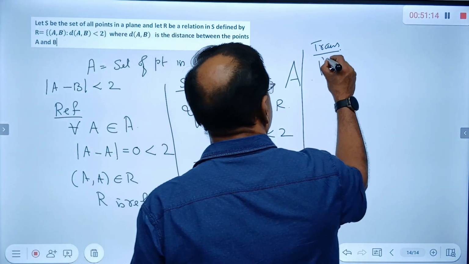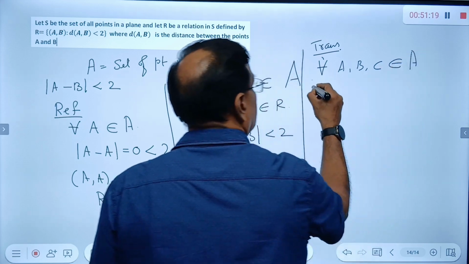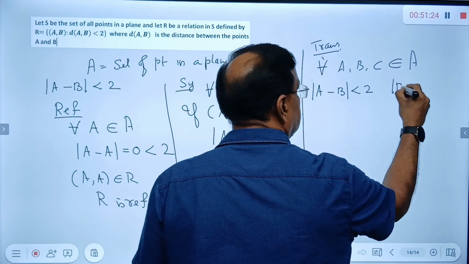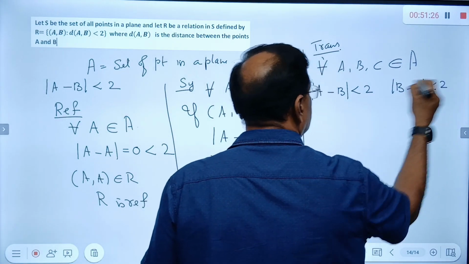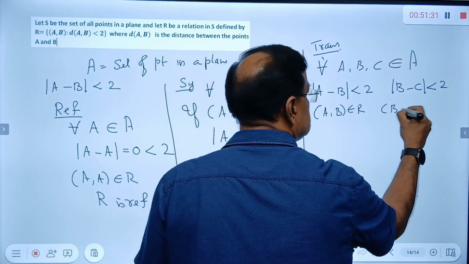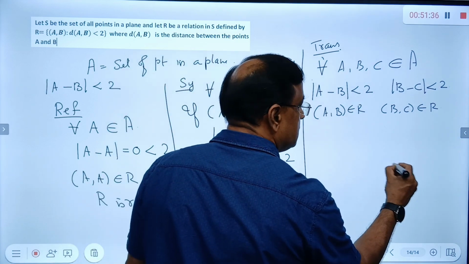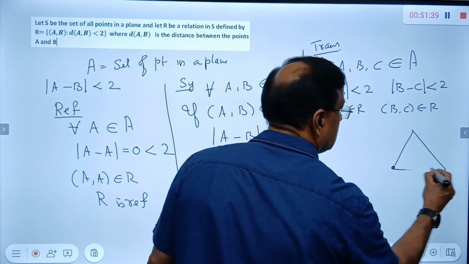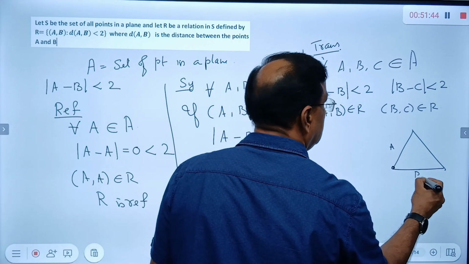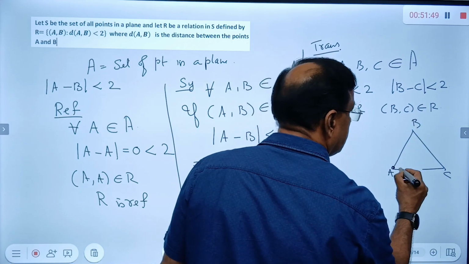Suppose I choose 3 points a, b and c belonging to the set A, if the distance between a and b is less than 2, distance between b and c is less than 2, that means (a, b) belongs to R and (b, c) belongs to R. We can even imagine a triangle with a, b and c.